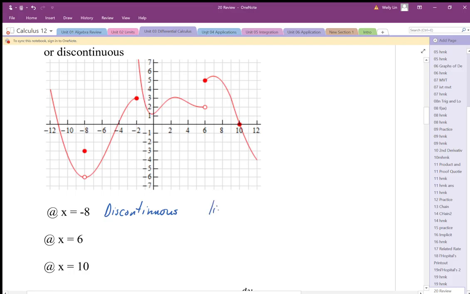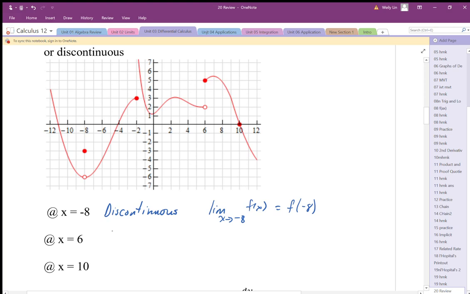So in this case, the limit as x goes to -8 of f of x is not equal to the actual value at -8. Okay, so from that we can determine that's really a hole.